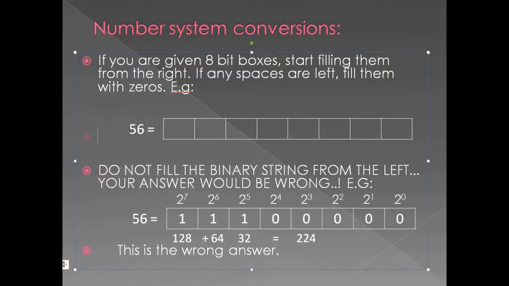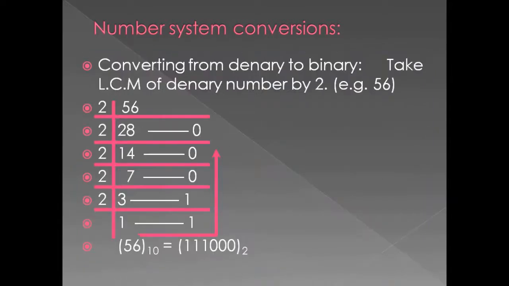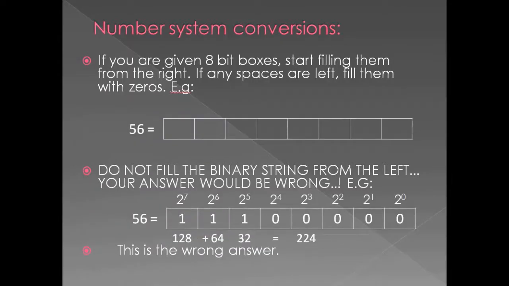After this conversion, you always have to start writing from the rightmost bit. First of all, count the digits: 1 2 3 4 5 6. And if you count the boxes over here, 1 2 3 4 5 6 7 8, there are 8 boxes and you have 6 digits.